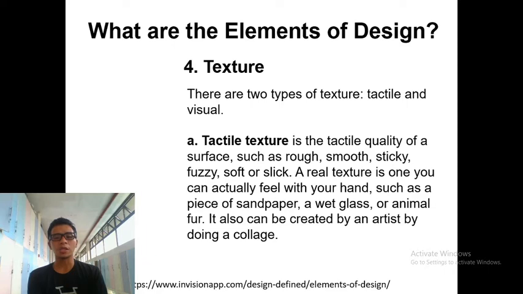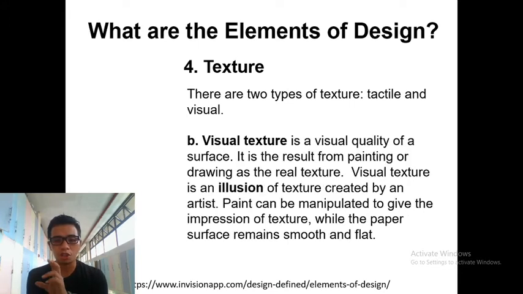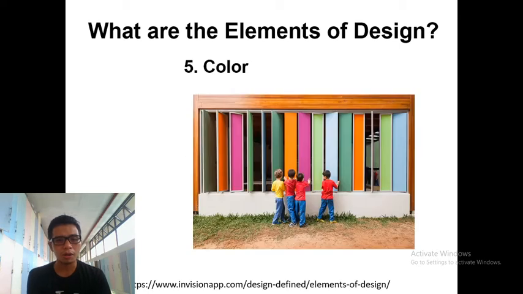A real texture is one you can actually feel with your hand, such as a piece of sandpaper, a wet glass, or animal fur. It can also be created by an artist by doing a collage, no? So that's tactile texture.